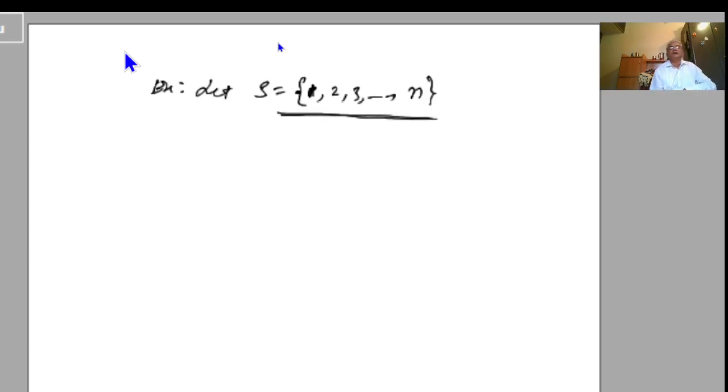Let S be equal to say 1, 2, 3, 4 up to n, or A1, A2, A3, A4 up to An. So this is the set consisting of n elements.